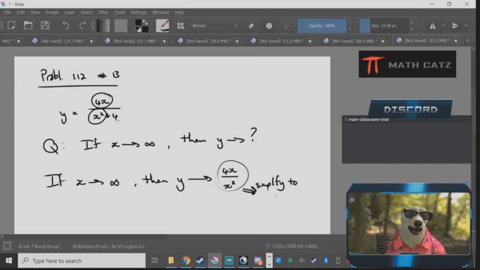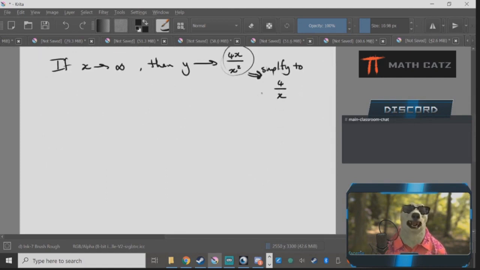Simplify to 4 over x. I have one x at the top, two x's at the bottom, so I'm going to be left with an x at the bottom, unfortunately. However, that's not a big deal. I simply have to look at the behavior of 4 over x.